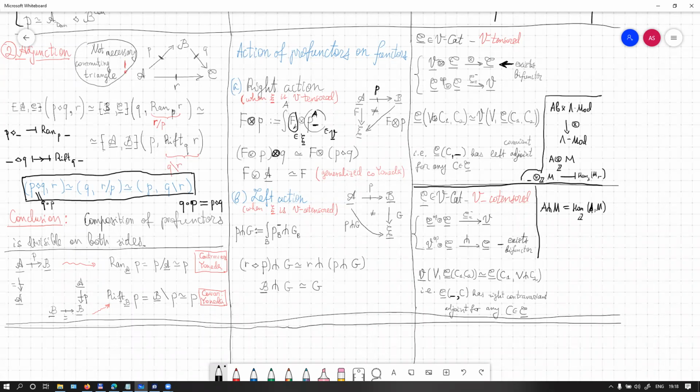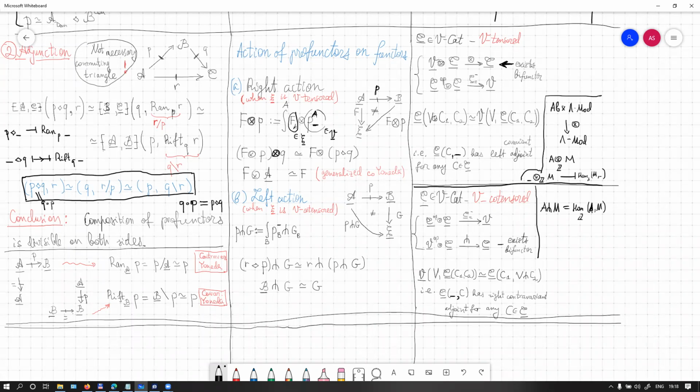This operation is a left action, which can be checked directly, and in some sense you can think about this as a product of a profunctor by a general functor. Nevertheless, we have an action of profunctors on the category of functors when the target category in a functor category satisfies the tensor or cotensor property.